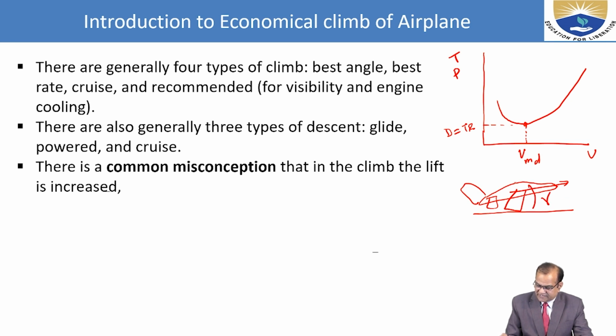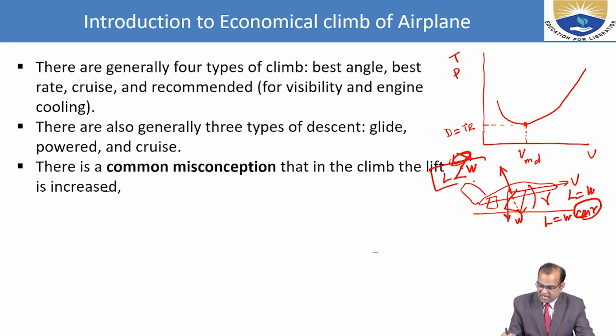If you see here, this is the lift, this is the velocity, and this is the weight. For cruise flight, L is equal to W, but for this flight L is equal to W cos gamma. So this value of cos gamma will always be less than 1. So for the climb, the lift required is less than the actual weight, depending upon cos gamma.